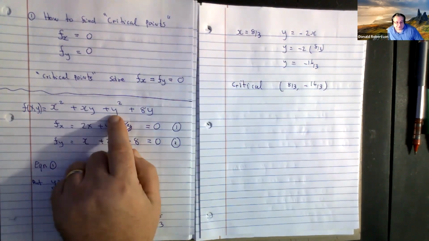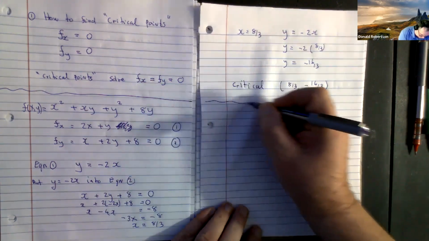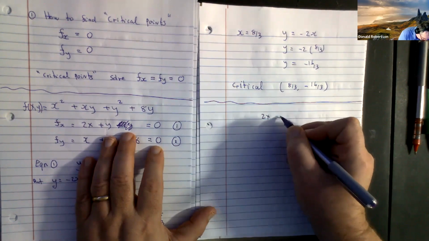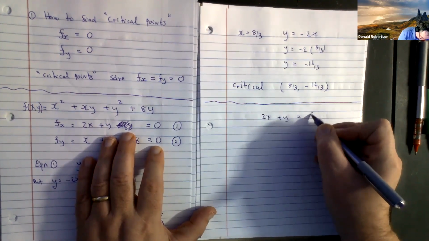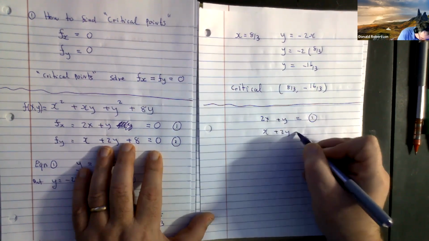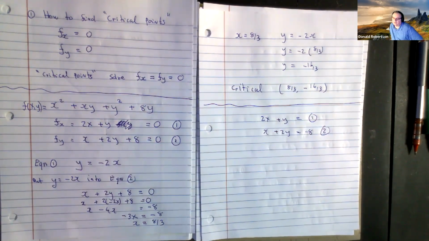Now, I could have solved this system of equations in a different way, just to show you, because some of your minds might be thinking along these lines. If I rewrite equation 1 like this, and then I rewrite equation 2 like that, can you see a system of equations? Now, couldn't I have multiplied one of them by -2 and done the addition method and so on and so forth?